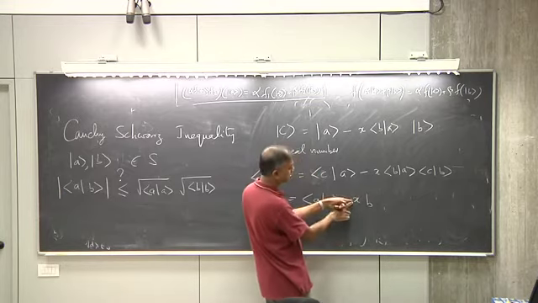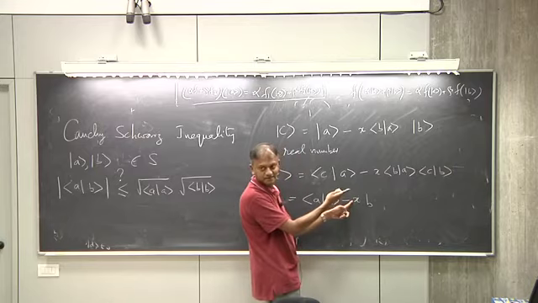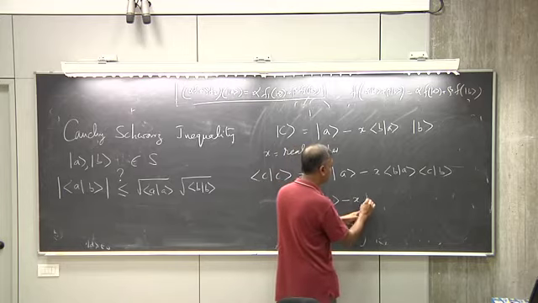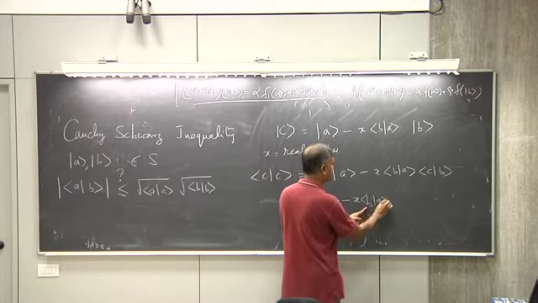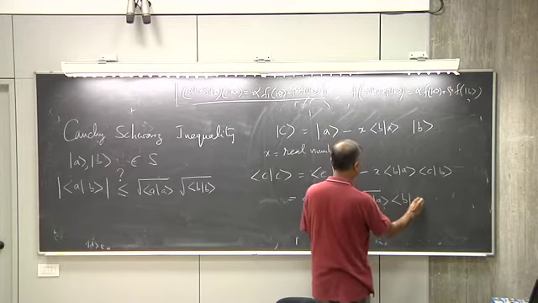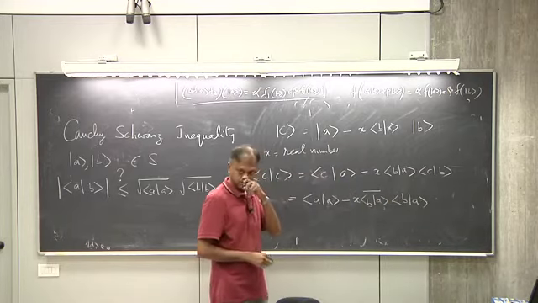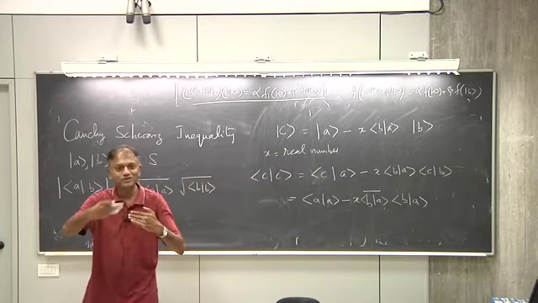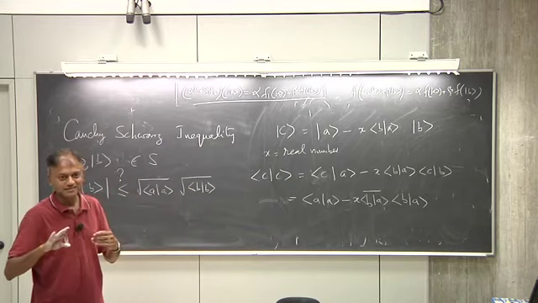Since x is real, the complex conjugate of x is x. And then here you get the complex conjugate of (B with A), and then B with C. That is the first term. Maybe I'm doing several steps at the same time. Maybe it is not clear.